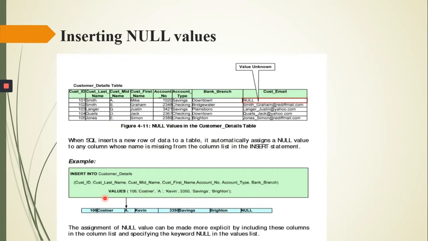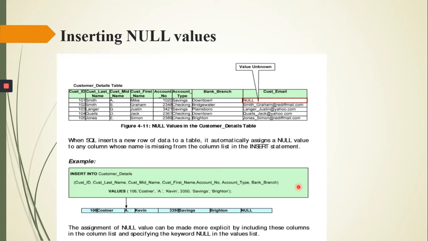So here we are writing: insert into customer details, customer ID, customer last name, customer middle name, customer first name, account number, account type, and bank branch. We are not writing customer email address here, and for values we are providing the values. So customer email address is available in our table, but we are not writing it in our query. So what will SQL do?